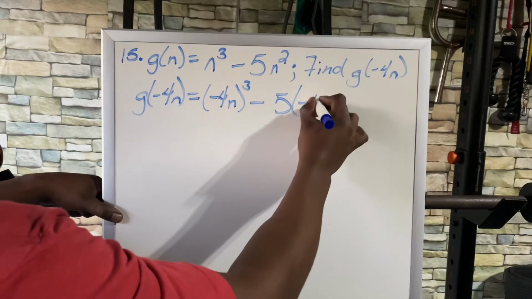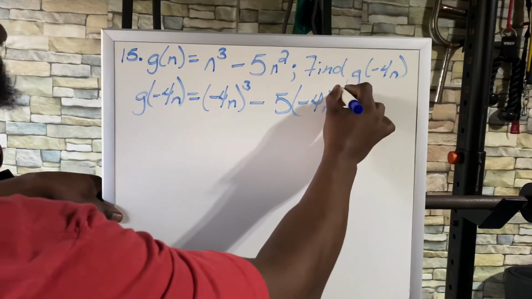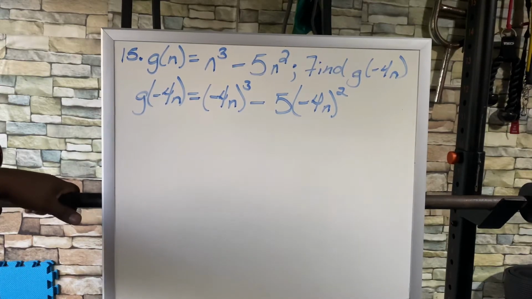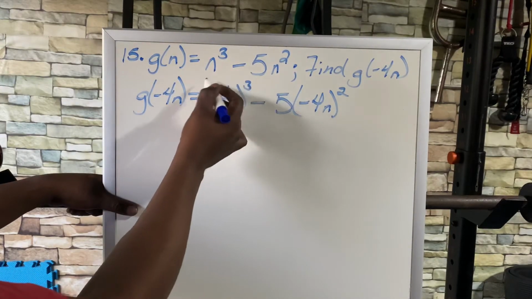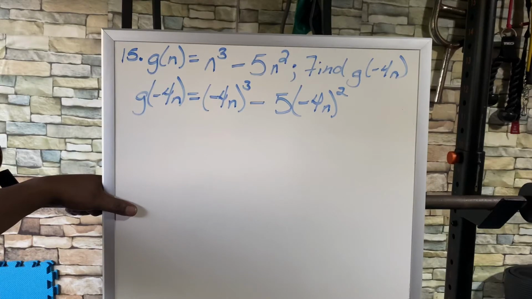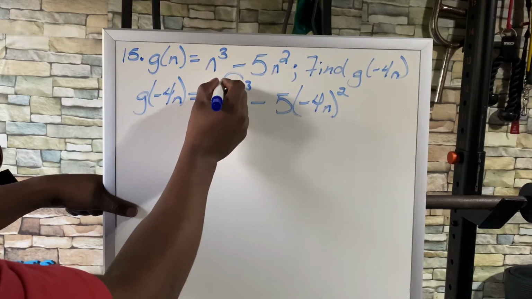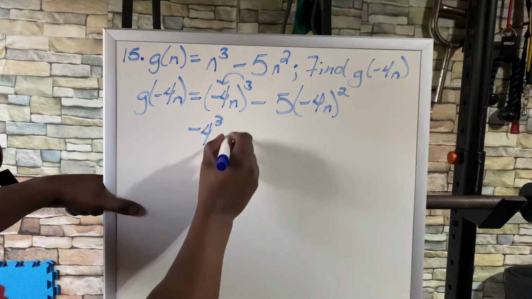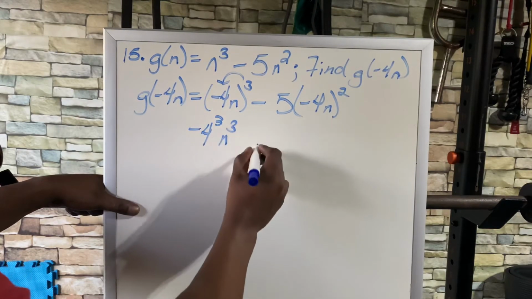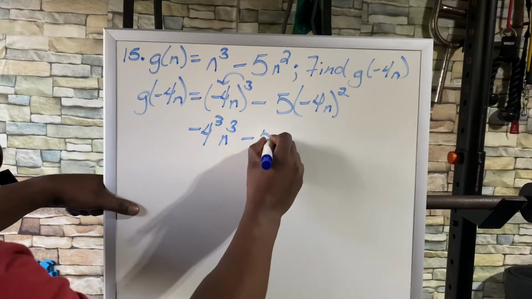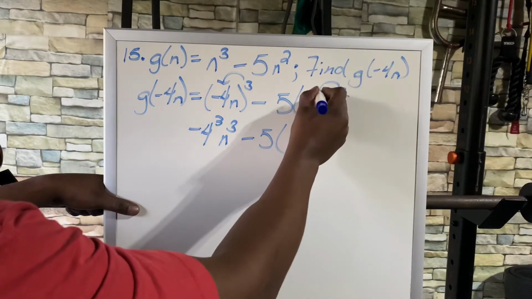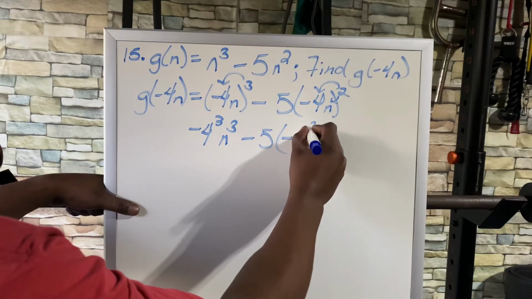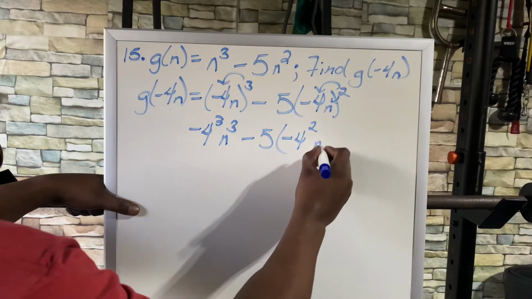Once again, we put negative 4n in parentheses. This time we square it. The exponents on the outside of parentheses go to everything on the inside of the parentheses. Therefore, negative 4 is cubed, the n is cubed. And over here, negative 4 is squared, and the n is squared.